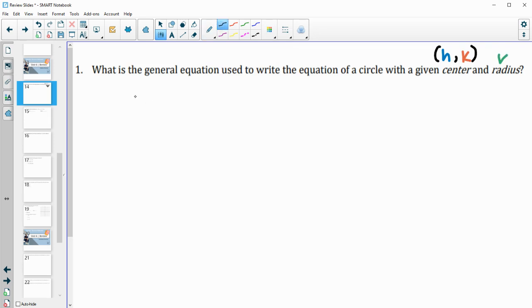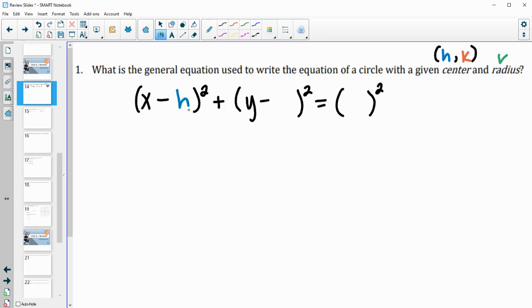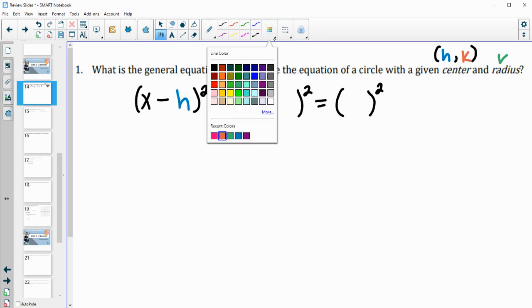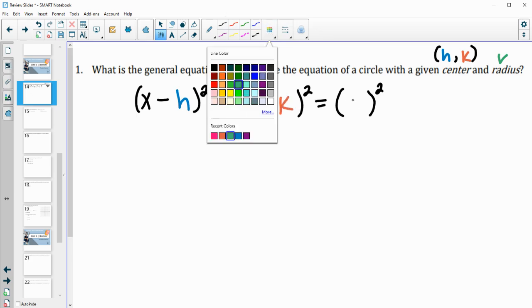So the general equation here is going to be x minus our x coordinate squared of our center plus y minus the y coordinate squared of our center equals our radius squared. So it's going to be (x - h)² + (y - k)² = r².